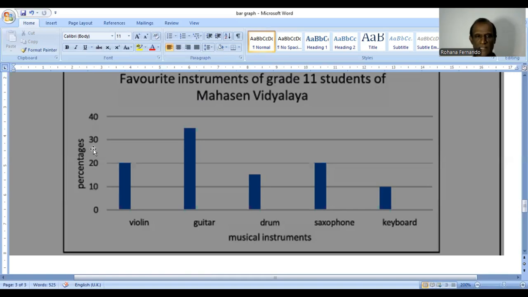That means 10, 20, 30, 40. So according to the graph, we can see that guitar is the most popular instrument among the students, and the keyboard is the least popular instrument among the students.